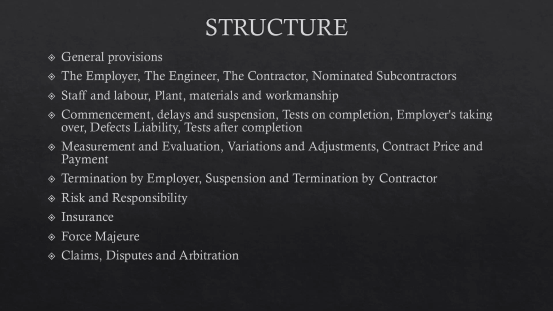You can see the different headings that are followed in each book, like the general provisions, what the employer, engineer, contractor and nominated subcontractors' responsibilities are and what they should carry out in a contract, the staff, labor, plant, material, workmanship, the delays, when the commencement date is, what the tests on completion are and how they will be carried out, when the defect liability starts and what the tests after completion are, how the measurement of the works is done, how variations need to be notified, verified and determined, the price of the contract and the payment, how the payments need to be made, and the different timelines.